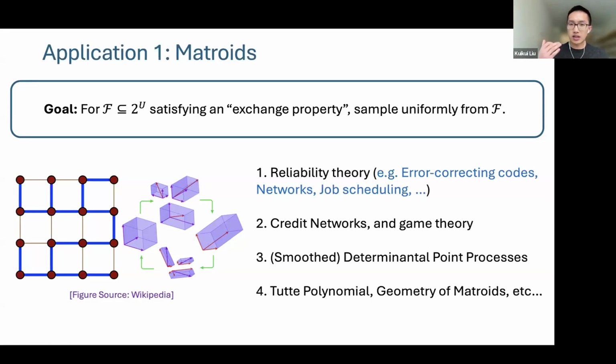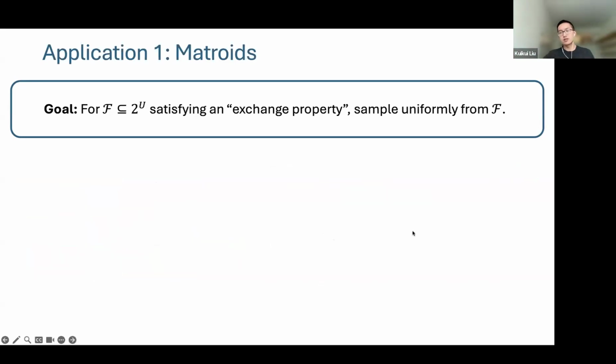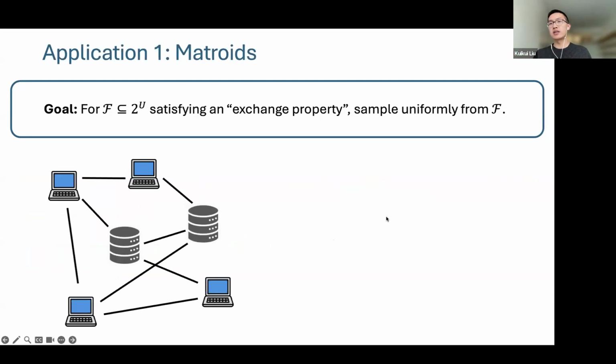Okay. But let me just spend a couple of slides sketching the connection with reliability theory. So imagine you have a graph representing a network, let's say a communication network or a road network. And now each link of this network can fail. Let's say it fails with some probability p independently for each edge of this graph.